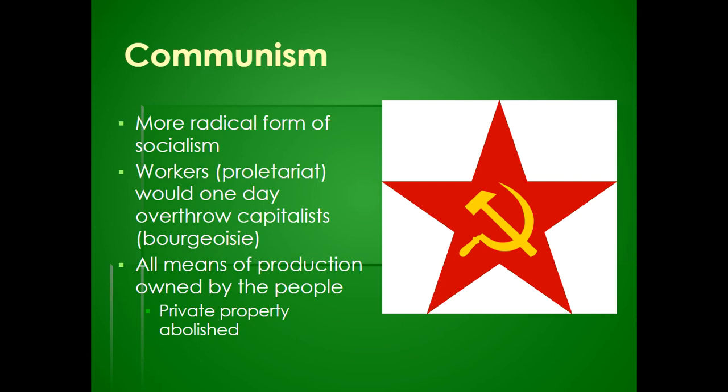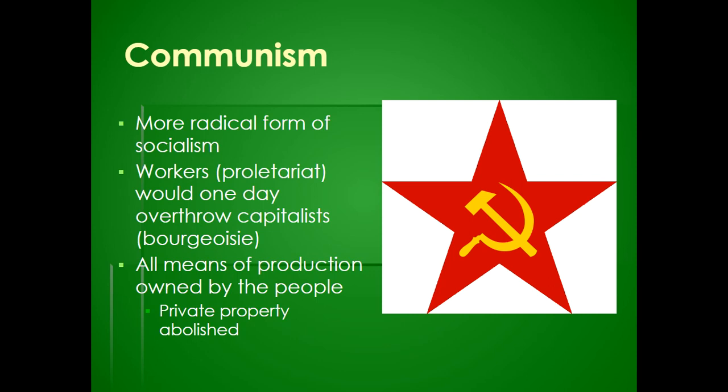And eventually, when the working class does that, all means of production are going to be shared and owned by the people. There is no such thing as ownership of private property. The workers are going to control the government, and eventually it would form a classless society, again, where everyone's considered equal, and no private property.